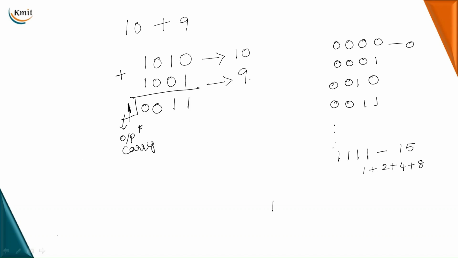Whenever you have an output carry, your overflow bit will be set to 1. If you don't have a carry, then your carry bit will be 0, and there will be no overflow. When the result of your operation is going beyond the range that you can represent, we call it an overflow. That happens only in the case of an addition operation. It will not occur in the case of a subtraction operation.